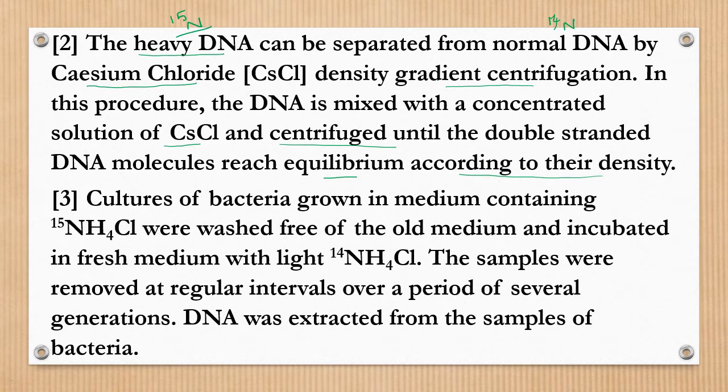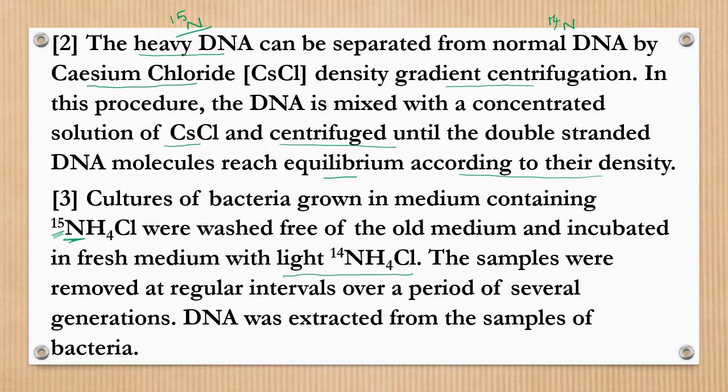Next, cultures of bacteria grown in medium containing ammonium chloride, in which the nitrogen is N15, were washed free of the old medium. The old medium is that ammonium chloride with isotope, and the bacteria were incubated in fresh medium with light ammonium chloride.